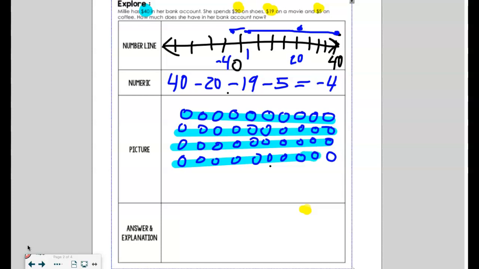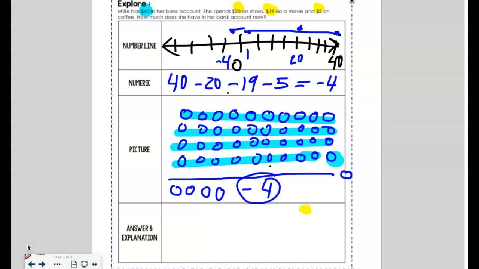Then we have to take away 5. Well, we only have one more dot to subtract, so we're going to have to make our 0 line. We're going to have to add 4 more to take away. So we have a total of -4 left.